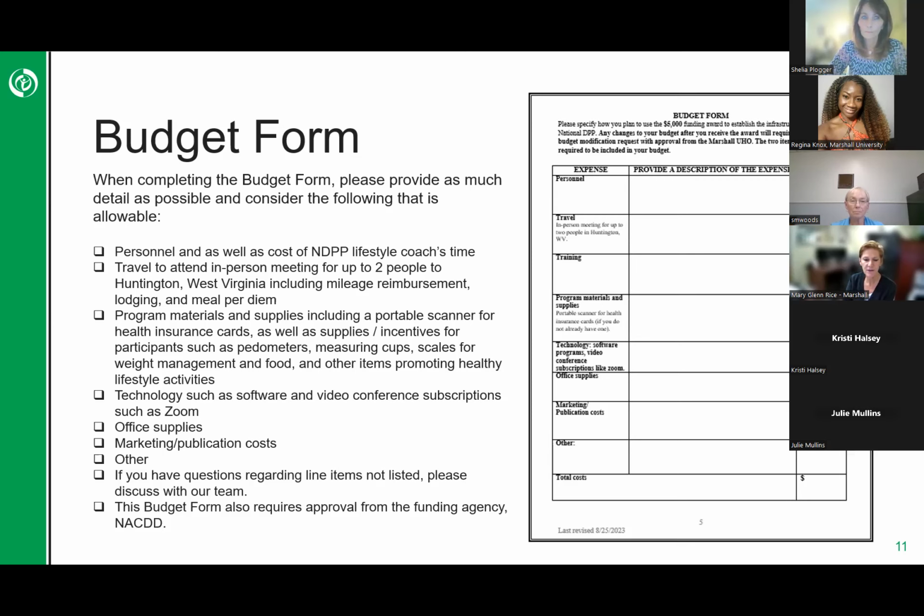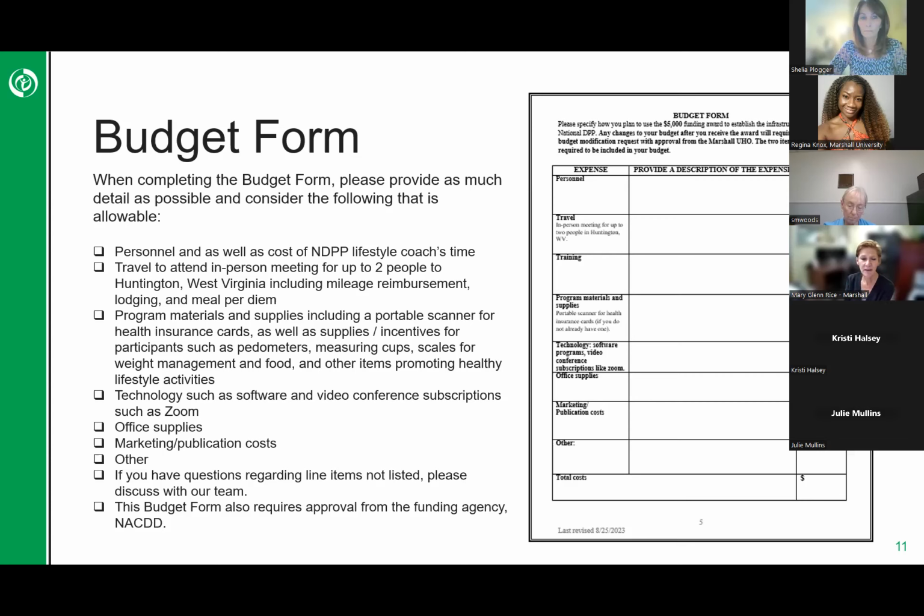We've also been given the go-ahead most recently from our CDC counterparts that you can use a portion of your funding for incentives such as pedometers, measuring cups, scales for weight, as well as scales for food, and then other items that would help promote healthy lifestyle activities.